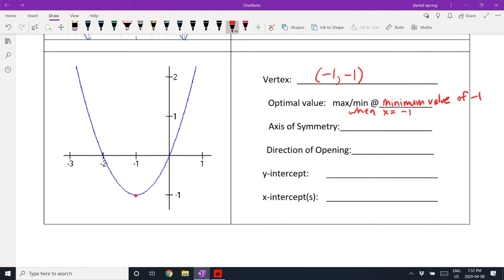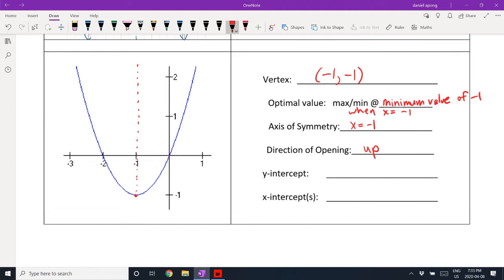Now, let's find the axis of symmetry. Again, remember, the axis of symmetry always passes through the vertex. We would state this as an equation of a vertical line. In this case, it will be x is equal to -1. And of course, just examining the parabola, we can tell that it opens upward. Now, let's find the y-intercept.